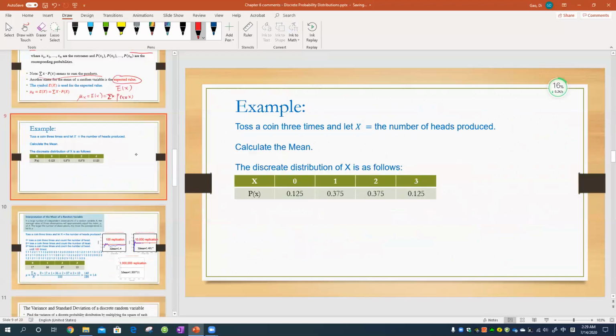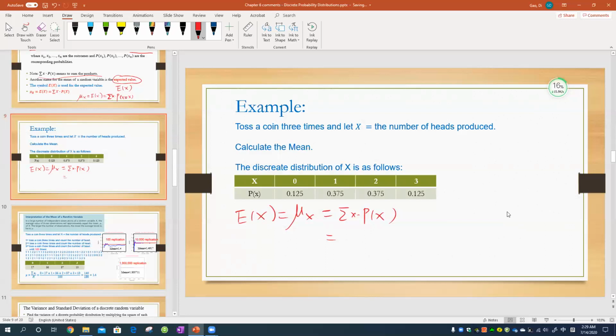And then we can look at this example. Toss a coin 3 times and let x be the number of heads produced and calculate the mean. So the discrete distribution of x is as follows. Then we can just calculate the mean using the formula. Expected value of x, or the mean of x, equals the sum of x times probability of x.